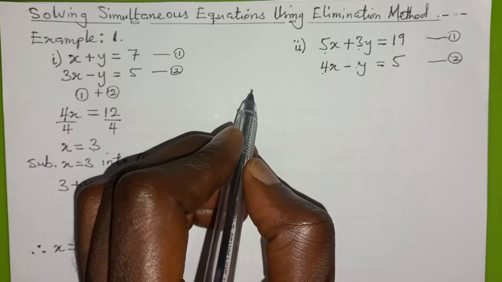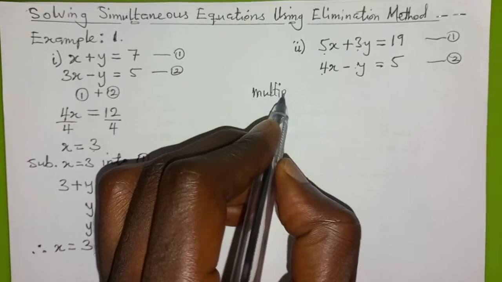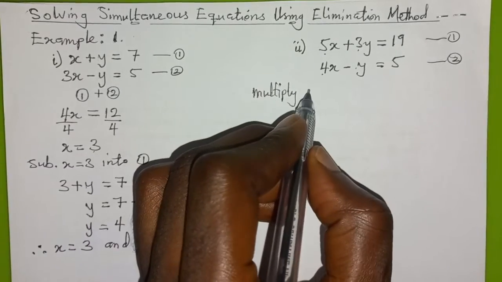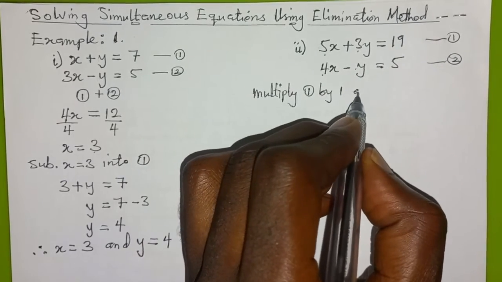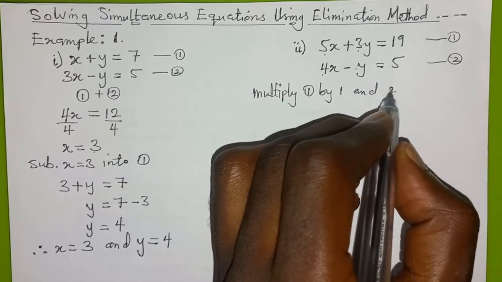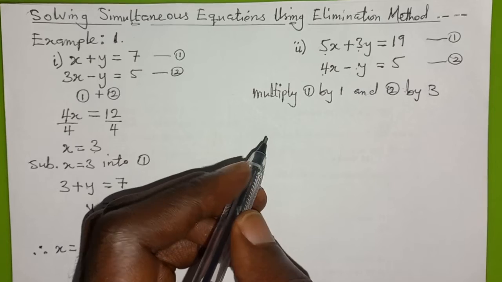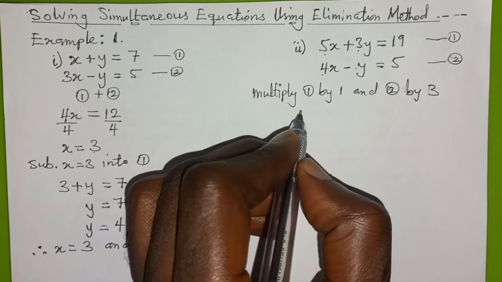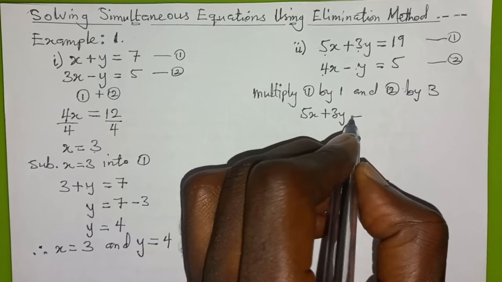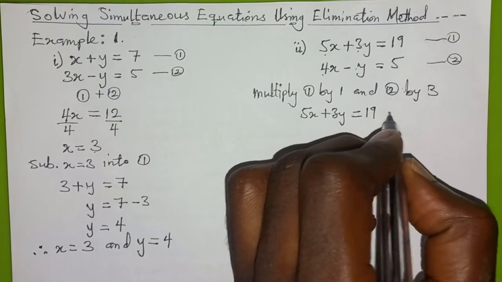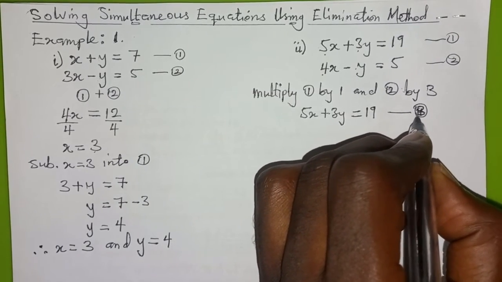So we multiply equation 1 by 1 and equation 2 by 3. This will become 5x plus 3y equals 19, equation 3.